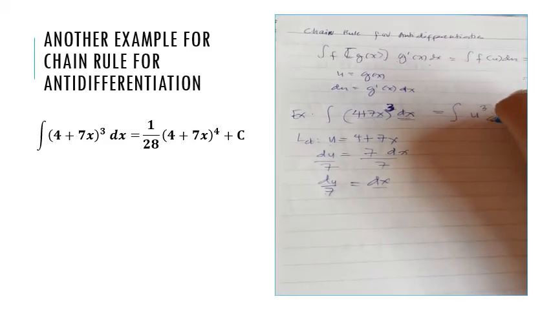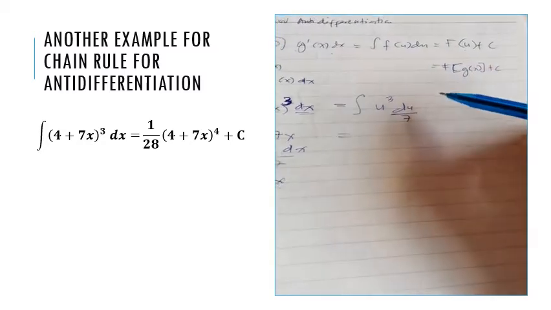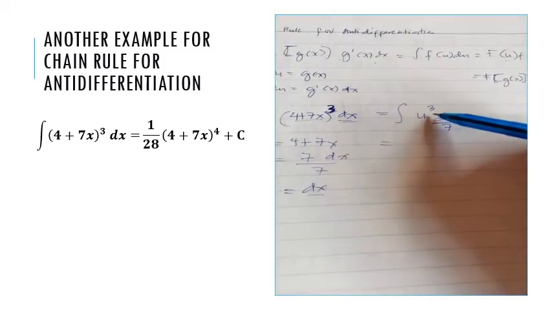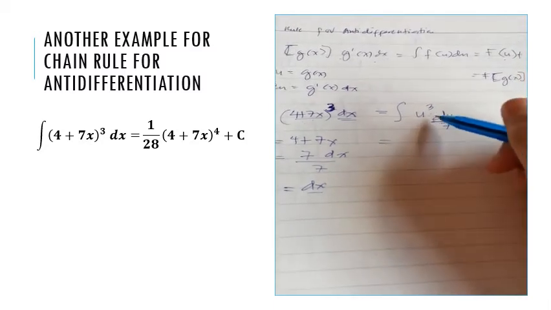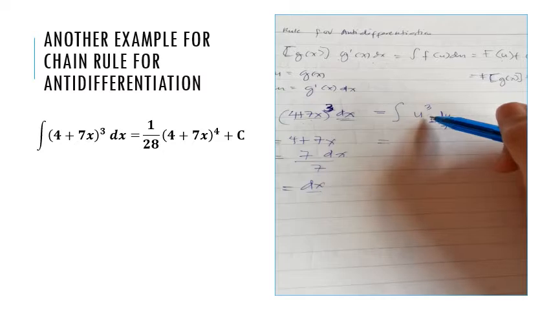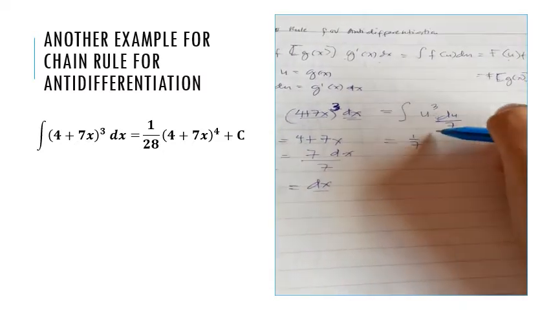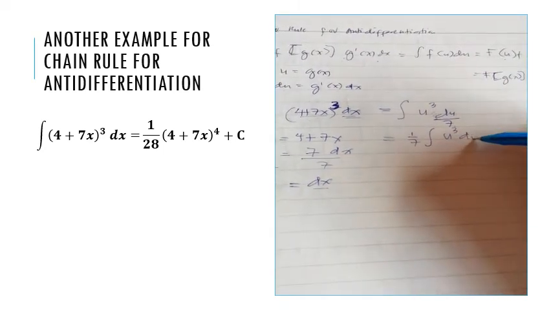We can factor out the constant. When no numerical coefficient is written, it is understood to be 1, so the coefficient here is 1 over 7. Let's take out 1 over 7. We are left with the integral of u cubed du.